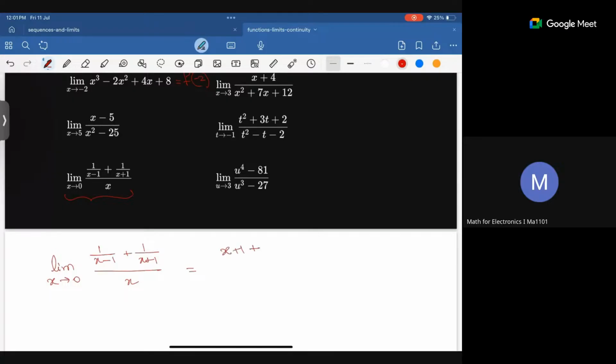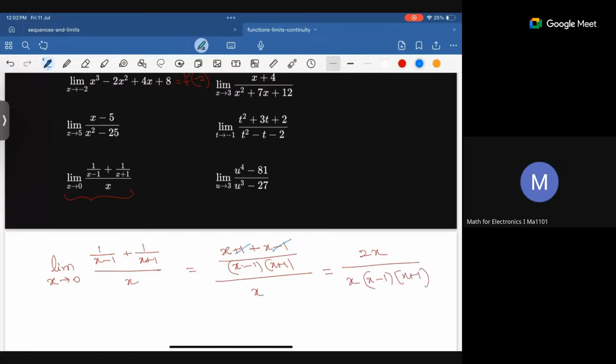Numerator looks like we can simplify it. It becomes x plus 1 plus x minus 1 divided by (x minus 1) into (x plus 1), and whole divided by x. Now I can see that plus 1 minus 1 gets cancelled and this will just become 2x, and everything will go to the denominator.